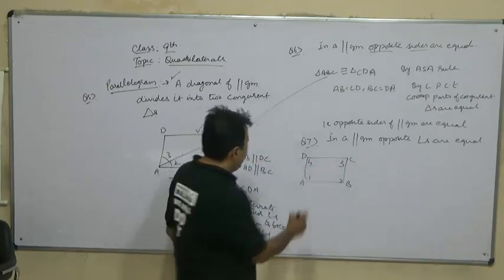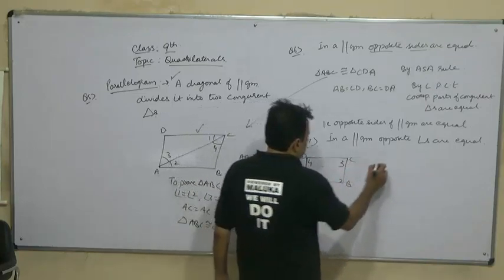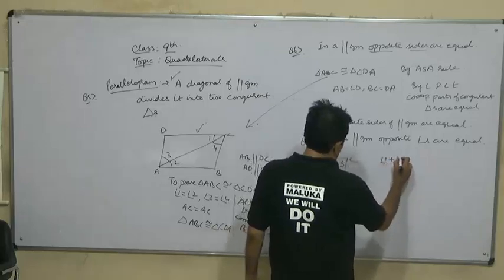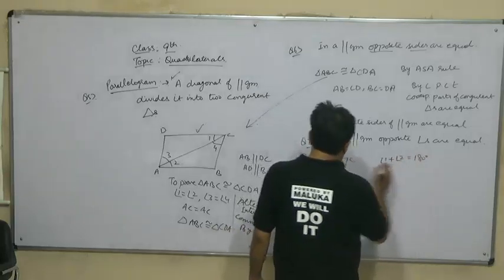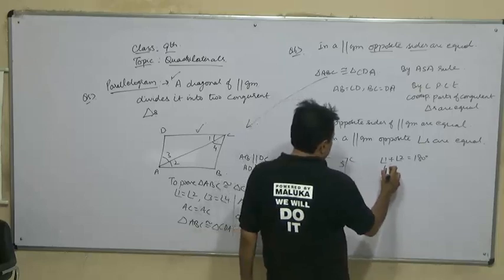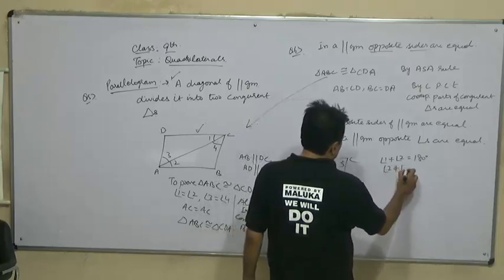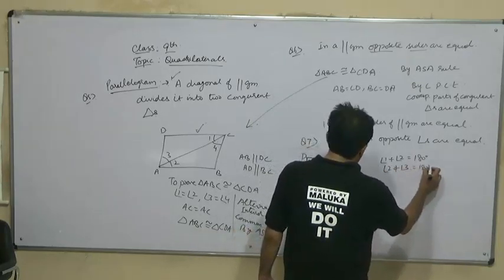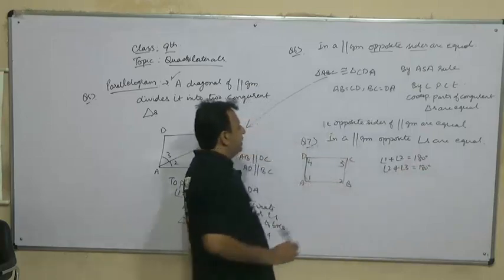So we know that angle 1 plus angle 2 will be equal to 180 degrees, and angle 2 plus angle 3 is equal to 180 degrees. Why? Because co-interior angles.